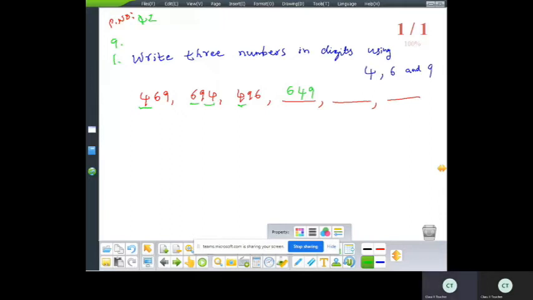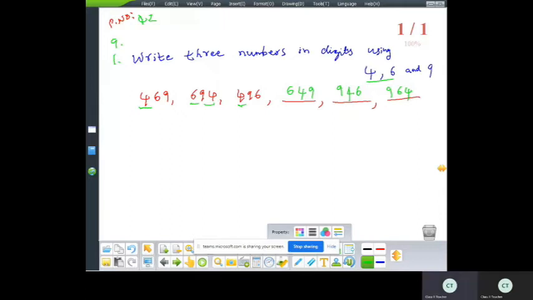Now we take the digit 9 in the 100 place. The remaining 2 digits are 4 and 6. 46, and write that 46 in reverse, 64.